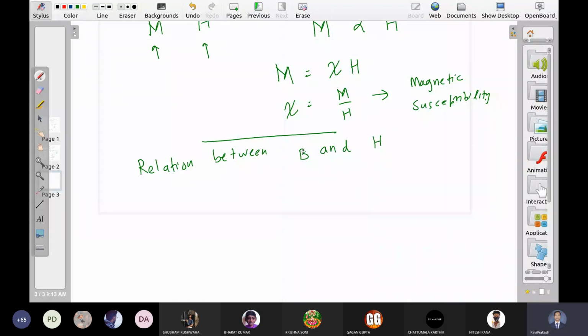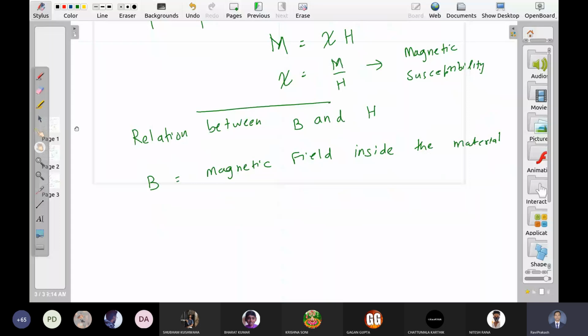So B is the magnetic field inside the material, right? How much is it? What will this be equal to?